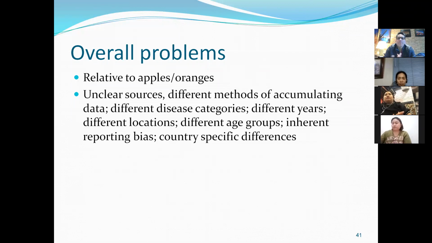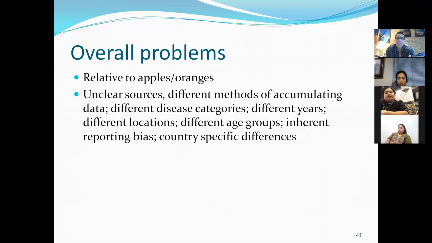With those unifying guidelines, we will be able to truly measure the incidence of osteoporosis in the world.